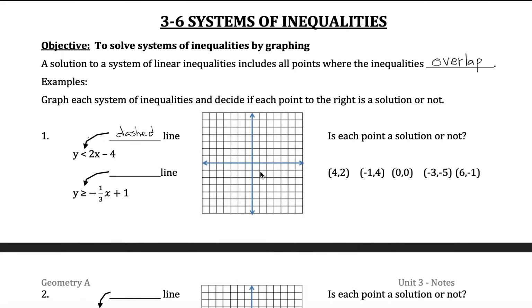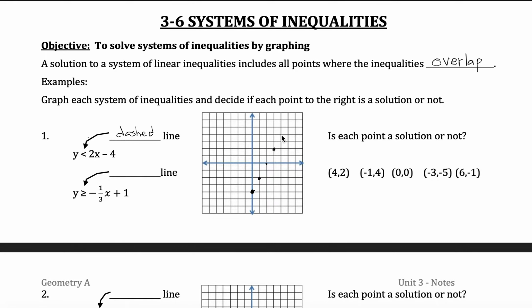So we're going to go ahead and graph this on our graph here. So first thing I look at, I'm dealing with y is less than 2x minus 4. So I'm going to go ahead and plot my y-intercept of 0, negative 4. Then I'm going to use my slope of 2, so I'll go up 2, right 1, up 2, right 1, up 2, right 1.